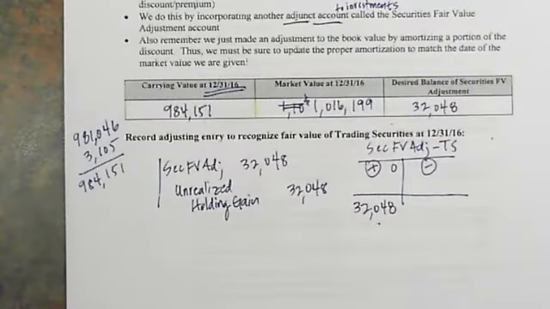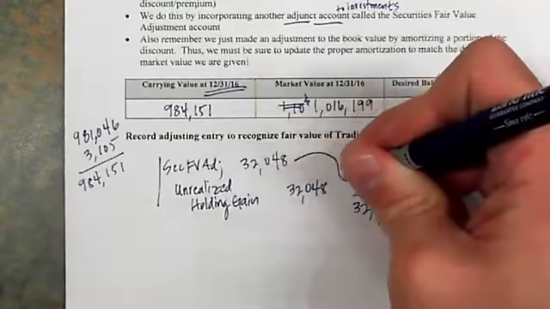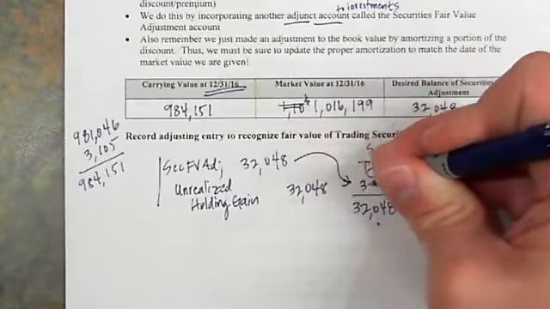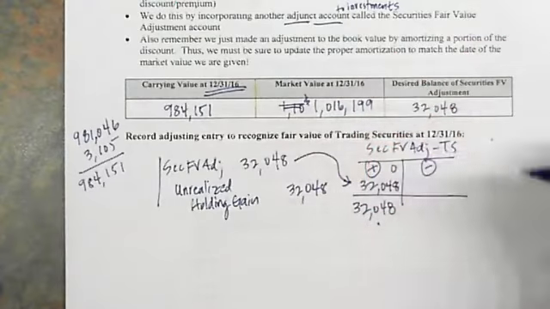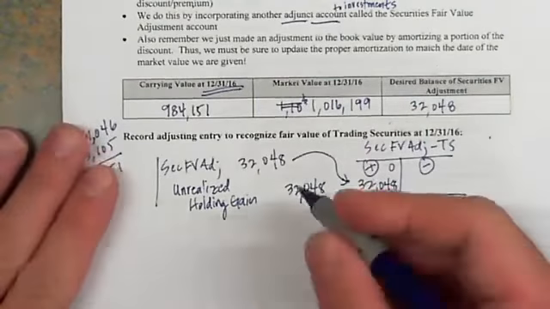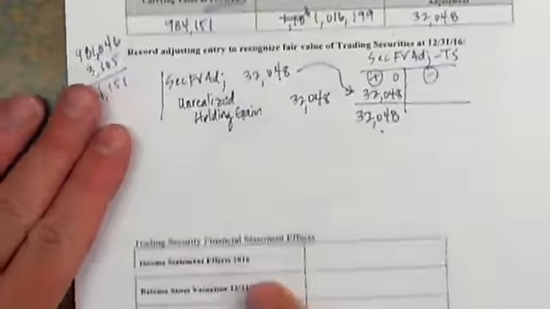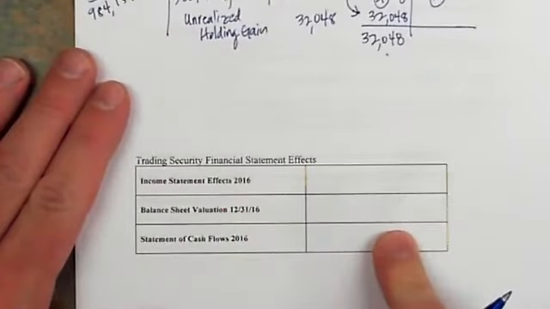We haven't recognized it yet because we haven't sold it, hence we're still holding it, but it's still a gain. So this entry would then input a debit adjustment in order to get to our overall total. Remember, because this is a trading security, this unrealized holding gain will go to net income. So we want to consider that when we're filling out this table below.